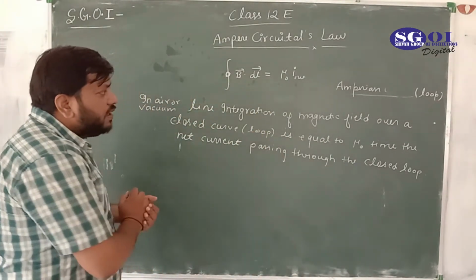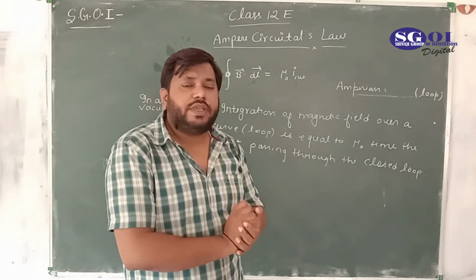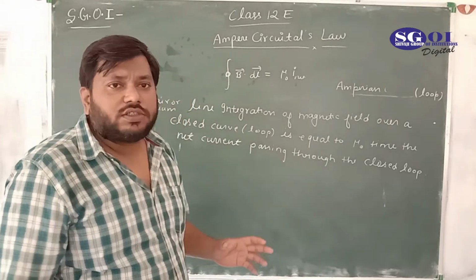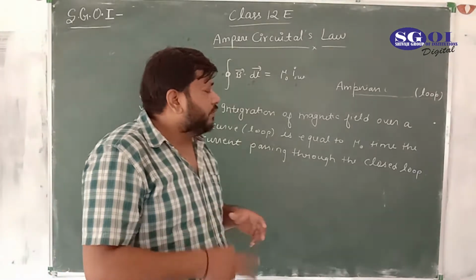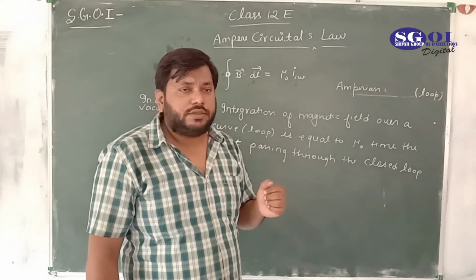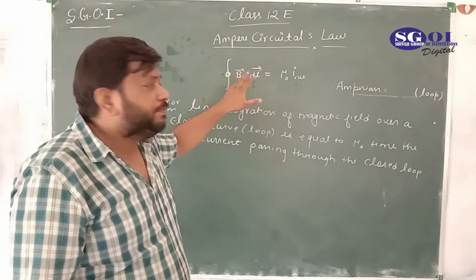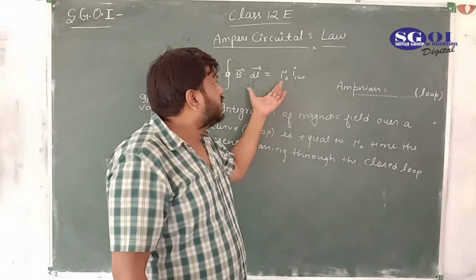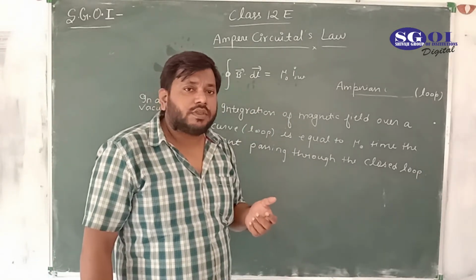And this Ampere circular law is just like the Gauss law, because the application of Gauss law was finding the electric field intensity where the field is symmetric because of the charge distribution. In the same way, we will find the magnetic field B where it is symmetric, and with the help of Ampere circular law we can easily find it.